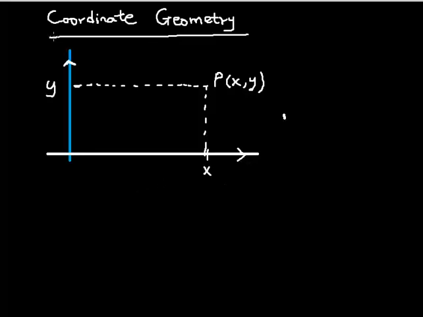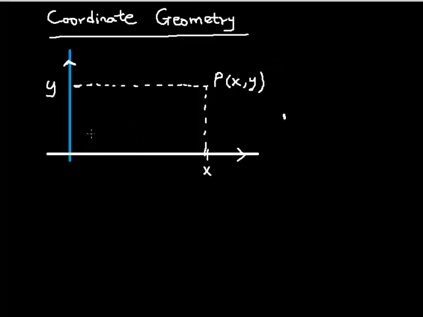Now, coordinate geometry uses an ordered pair of numbers to represent a point in a rectangular coordinate system. Let me repeat. In coordinate geometry, we use a pair of numbers in an ordered form to represent a point in a rectangular coordinate system.